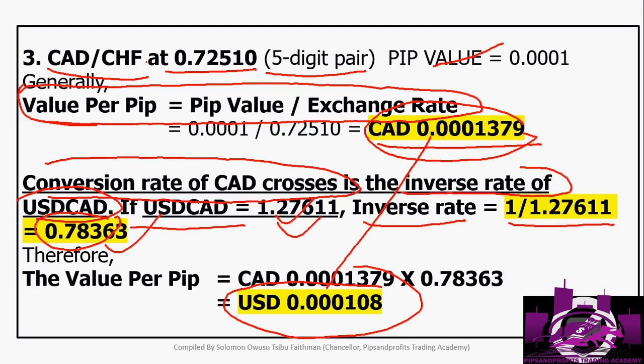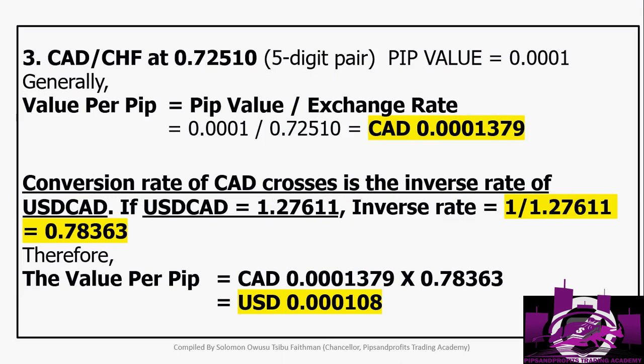All right, so just take a screenshot of this. Let me clear the screen, and then you take a screenshot of it. It is going to guide you when you see some of these things and you want to do your calculation. Now, let's look at what that means.